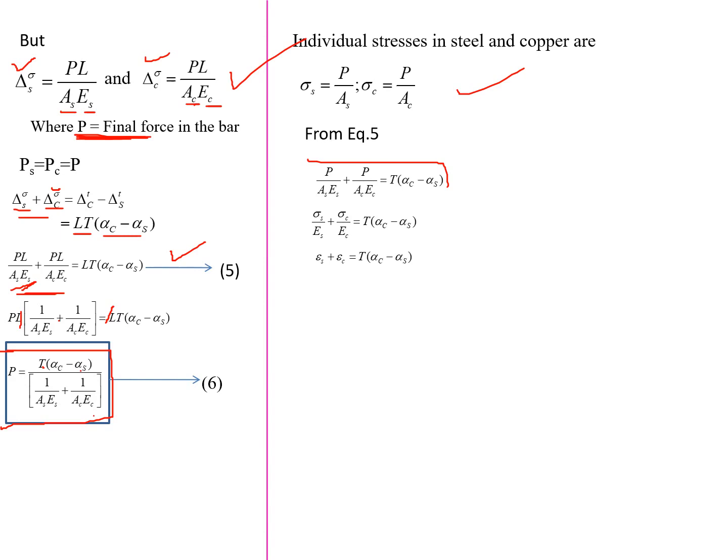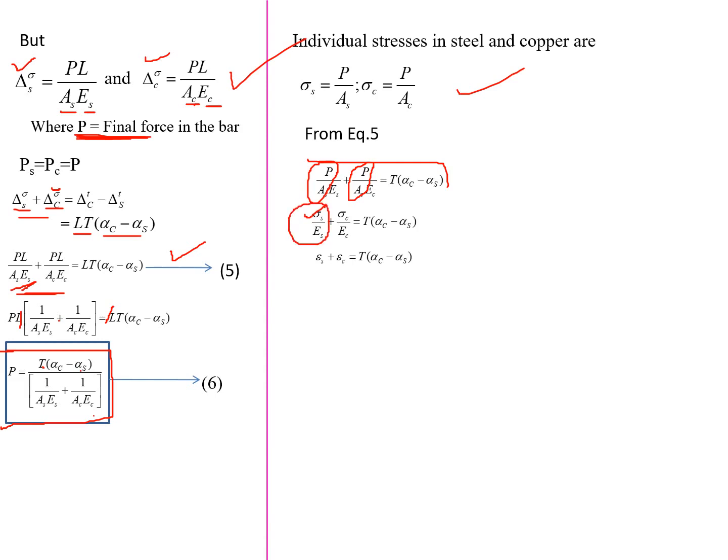Then P by AS ES plus P by AC EC equals T into alpha C minus alpha S. So P by AS is directly sigma S, sigma S by ES plus, P by AC is sigma C, sigma C divided by EC equals T into alpha C minus alpha S.